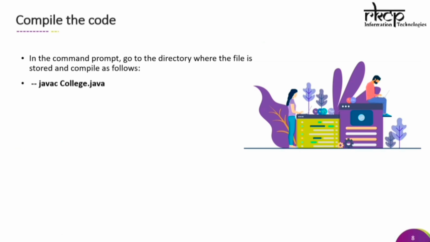There will be a Java folder. If you open it, the JDK folder will be available with different versions. Inside JDK, if you open the bin folder, that bin folder has all the tools, and there you will get one tool called javac. With the help of the javac tool, you will be able to compile your code. How to compile? You will write javac and your file name. Suppose in this example, my file name is college.java.